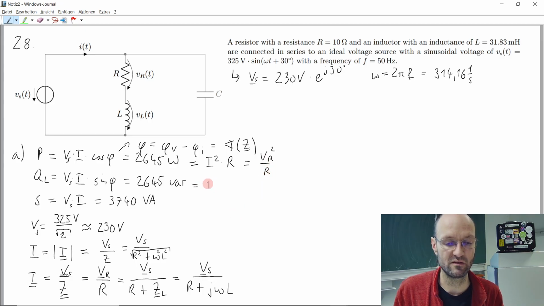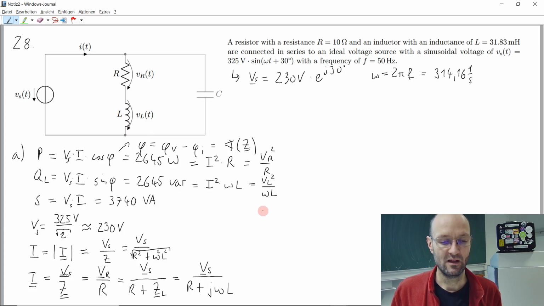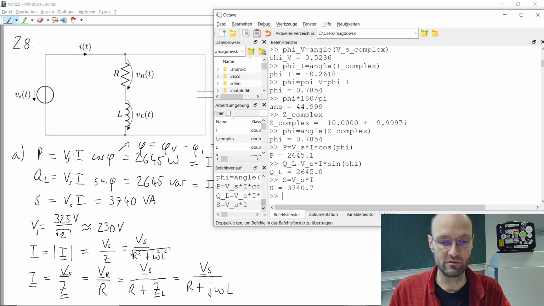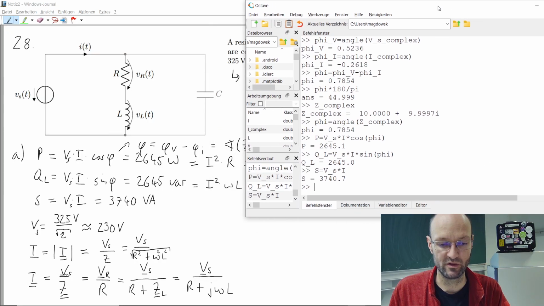We could say it's the current squared multiplied with omega L, or we could say it's the voltage across the inductor squared divided by omega L. And we already have the current, so it should be quite simple to use the formula with the current first.